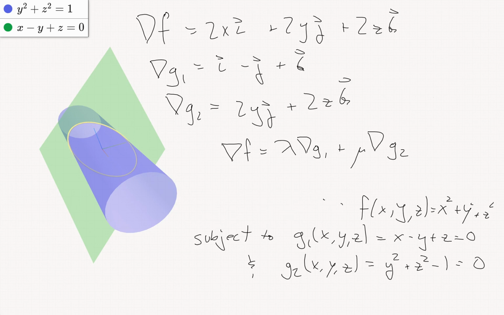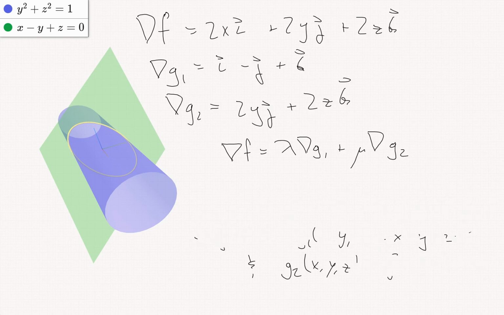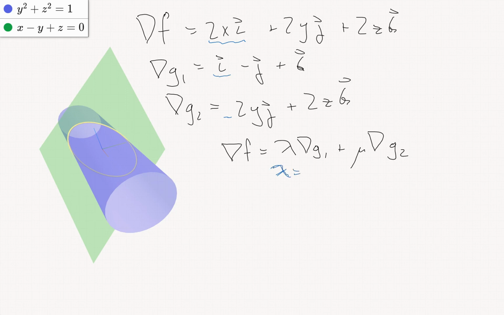Okay, now since we've got 2x i on the left-hand side, but there's no i in nabla g2, that has to all be coming from nabla g1. So we get that lambda is equal to 2x.